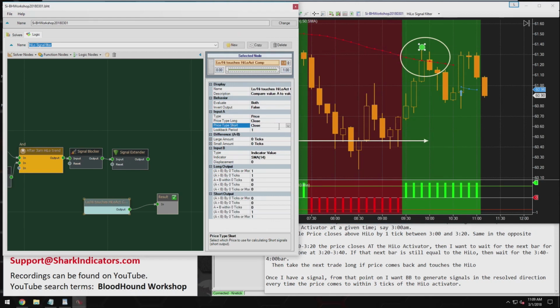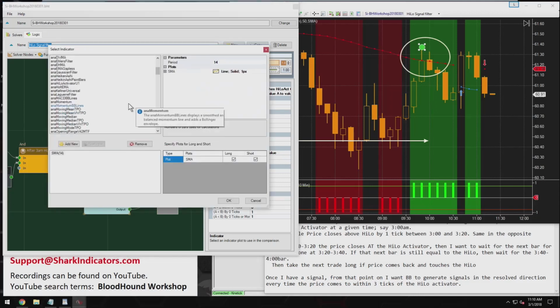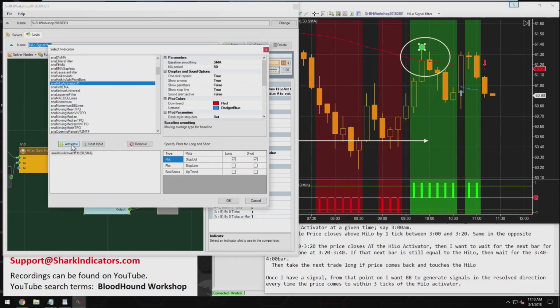So for short, we want to look at the high of the bar, and for a long, we're going to look at the opposite price, which would be the low of the bar. Next, let's put in our high-low activator. Again, we're just using the default settings here, SMA at 50 period.